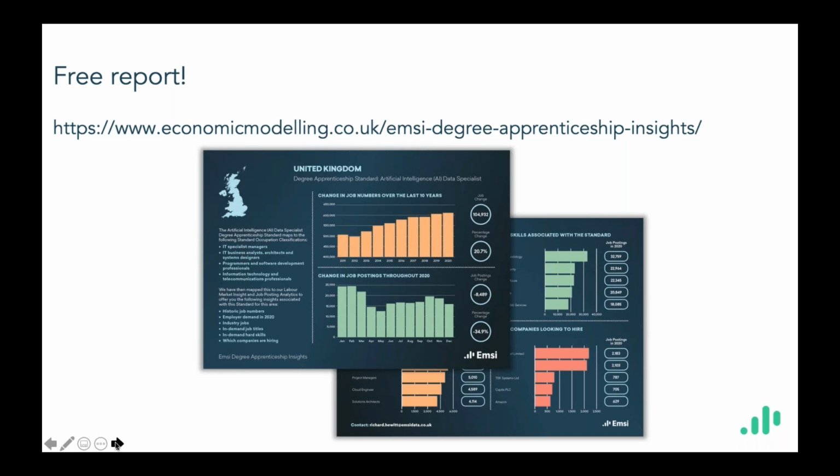What we've done here is generate basically the key data you've seen in this webinar for the AI data specialist standard and put them into reports which are available at English region level or at home nation level: England, Scotland, Wales, etc., Northern Ireland. So you can request one of those, and we have a UK level report as well, and that's available at the web address on the slide, and again we'll send out the links.